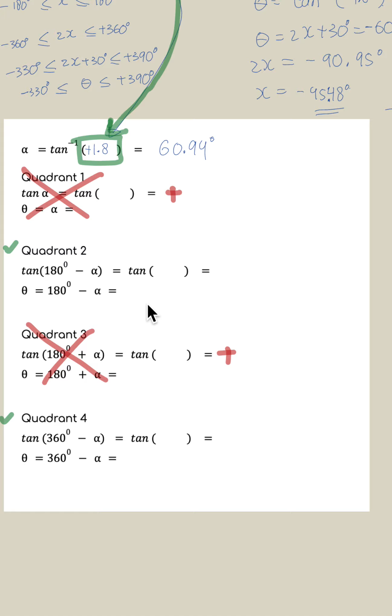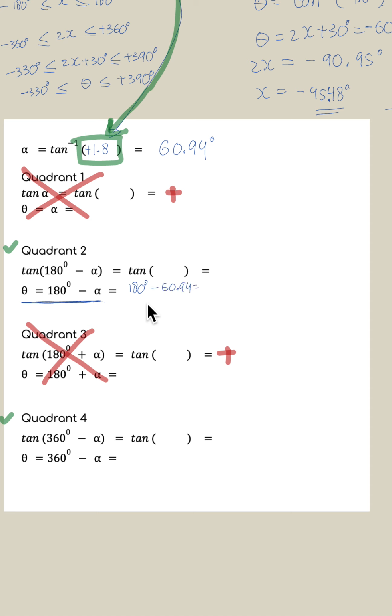Alpha we have already, which is 60.94, and for quadrant 2, we can simply substitute the value. The value of the angle is 180 minus alpha, which is 180 degree minus 60.94.